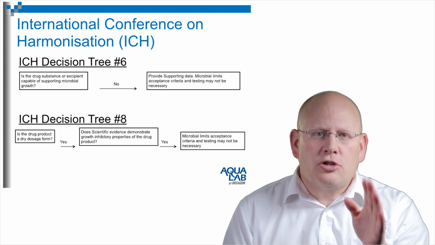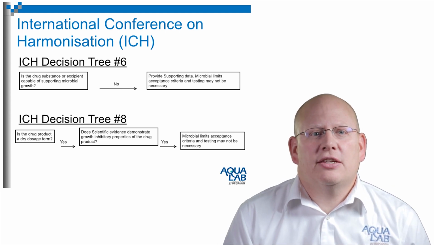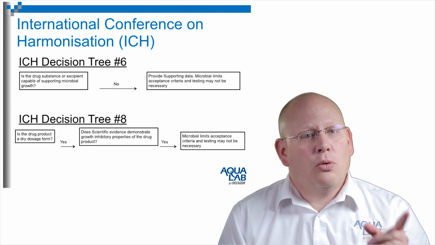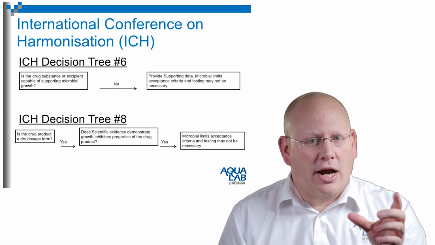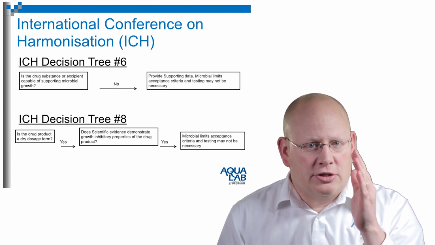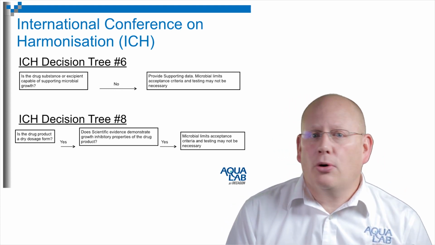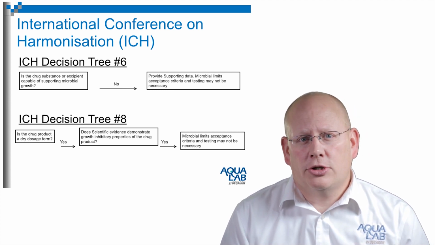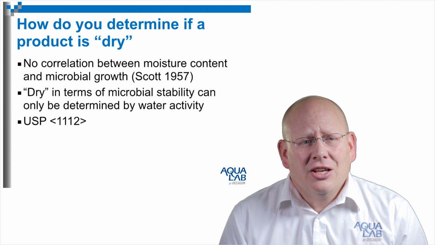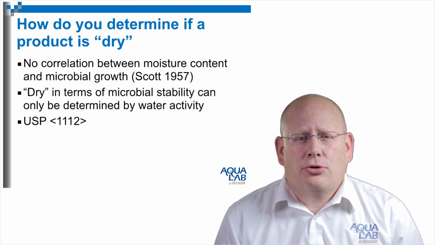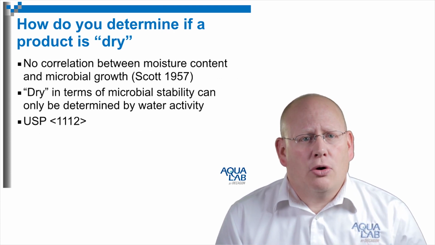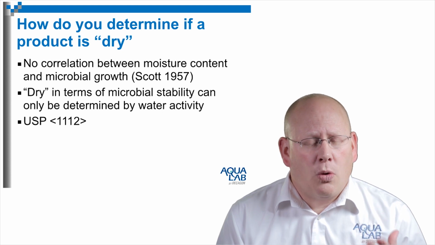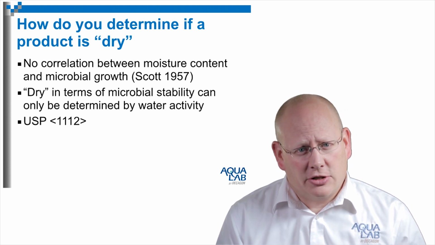So in terms of these decision trees, when it asks, is a product dry, and is there scientific proof that it won't support growth, the only way you can do that is through water activity and not through moisture content. So how do you determine if a product is dry? Again, you have to go to water activity. In terms of microbial stability, that's the only way to do it.